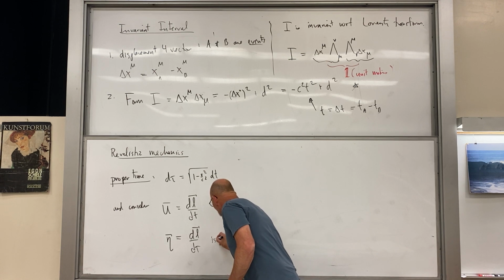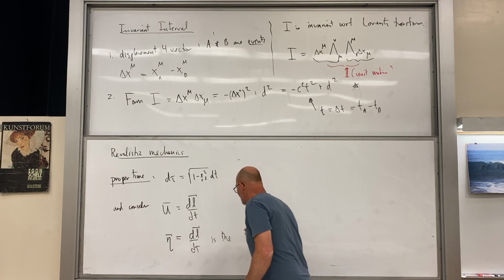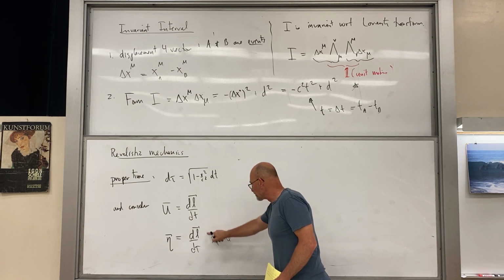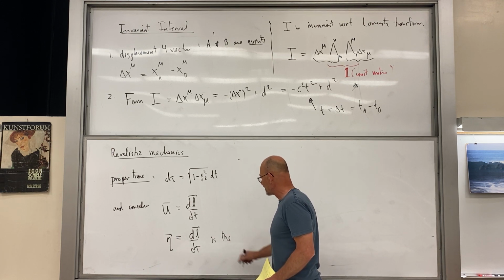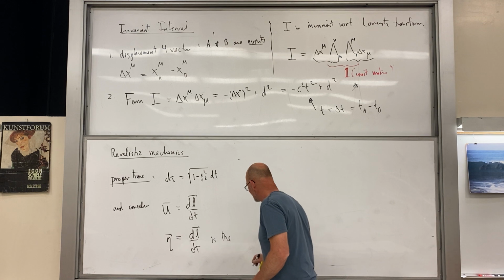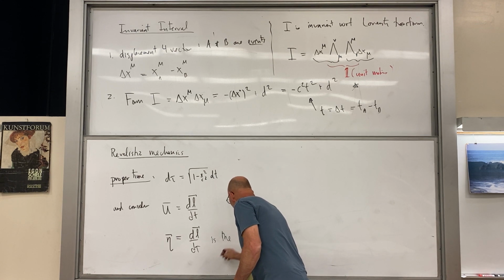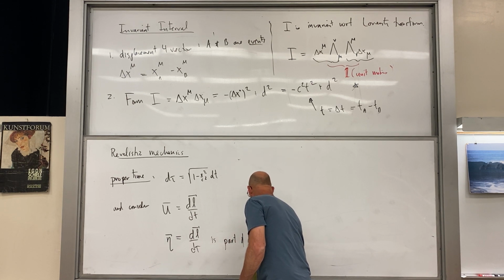And this is the spatial part of a 4 vector.